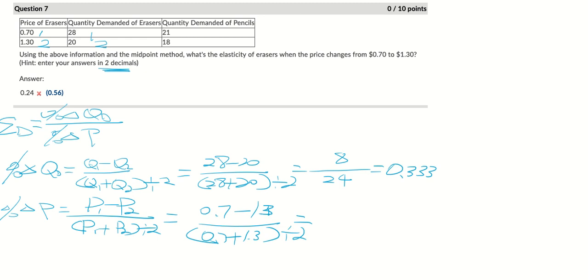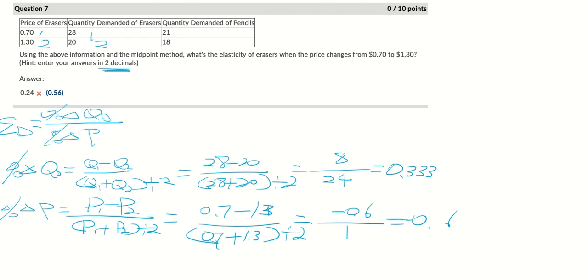So this would be minus 0.6 divided by, 70 cents plus $1.30, that's a 2. 2 divided by 2 is 1. So you're going to have a negative 0.6.